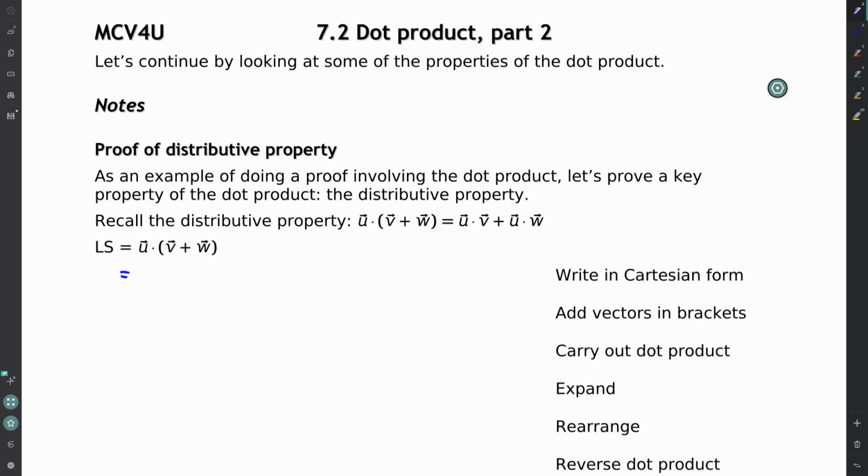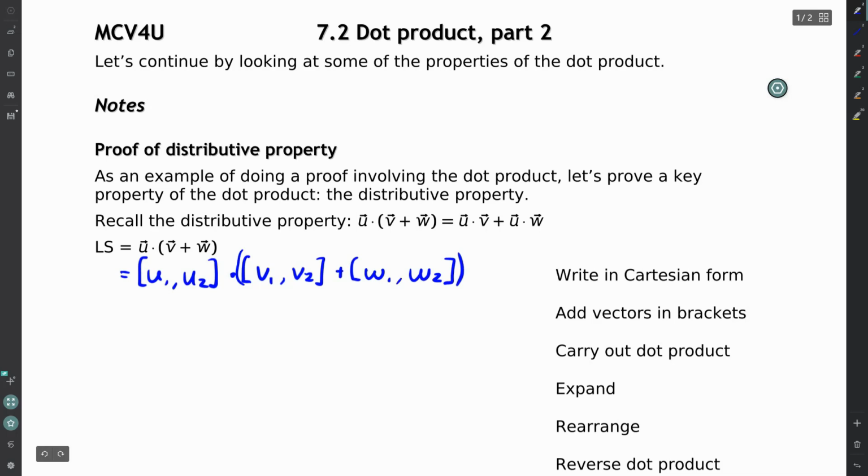So the first thing we're going to do is write vectors u, v, and w in Cartesian form. So <u1, u2> is going to be dotted with, and there should be a bracket there, <v1, v2> plus <w1, w2>.